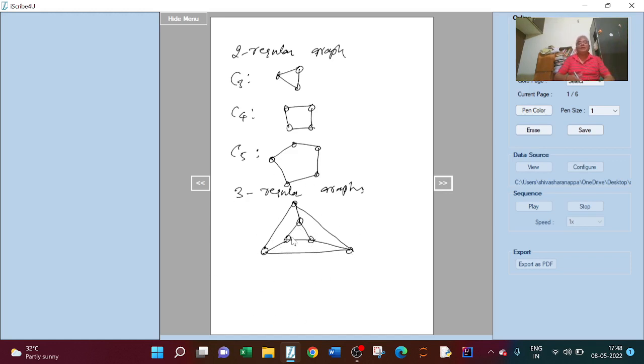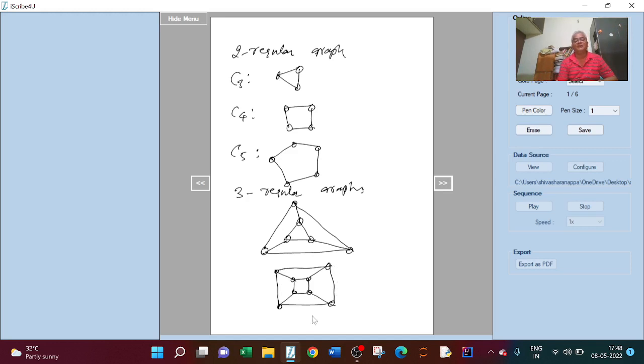Similarly, we can draw another regular graph. So here we write C4. Outside also we write C4. Okay. Then joining these vertices. Right. So this is also a three regular graph.